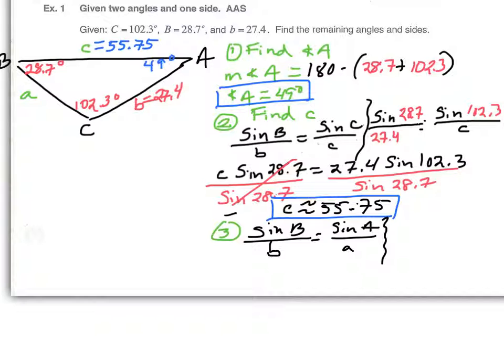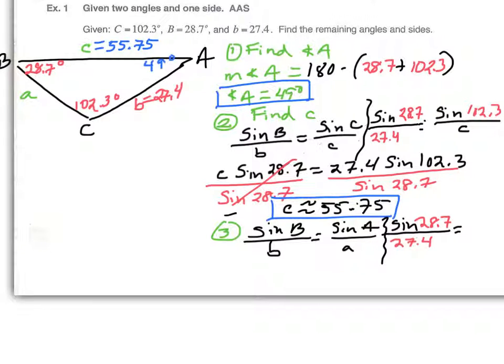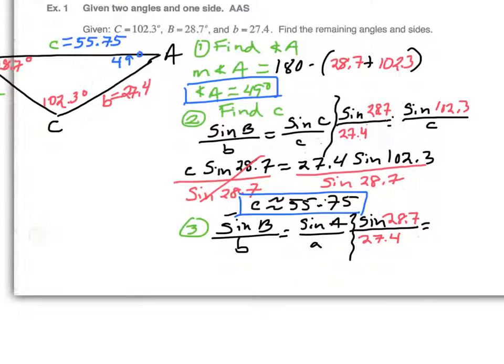So I've got sine of B. Well, B is 28.7 divided by side B, which is 27.4, equals the sine of C, I'm sorry, A, which is 49 degrees.